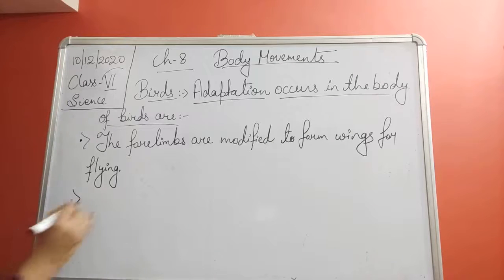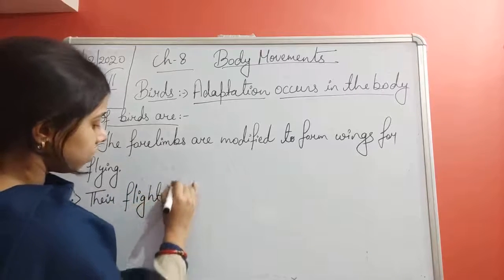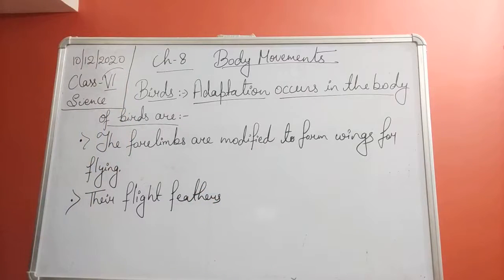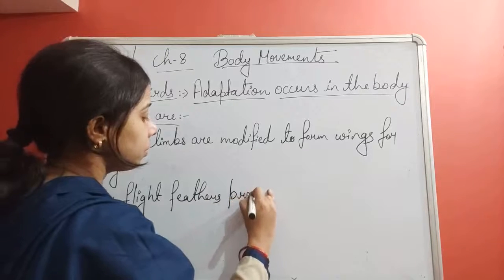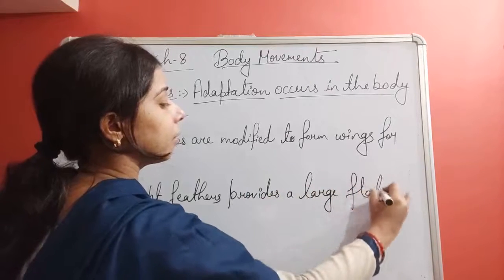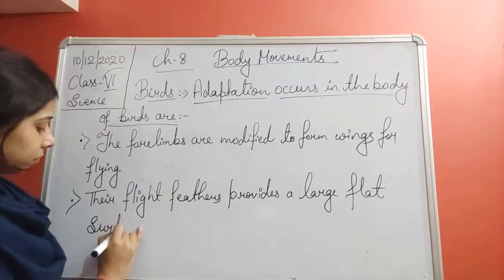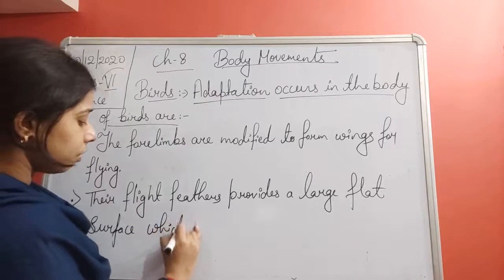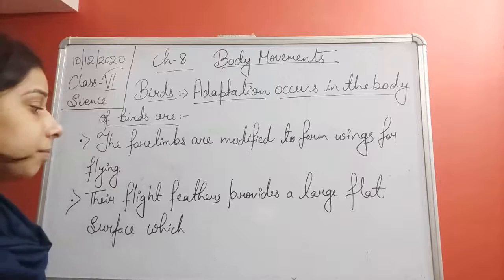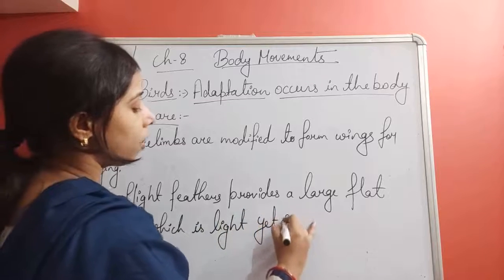We can write that their flight feathers, meaning the feathers which help in flying, provide a large flat surface which is light yet strong.